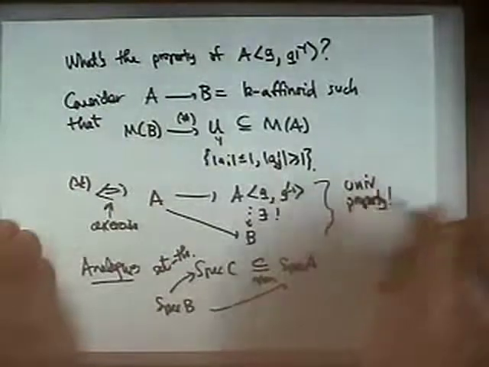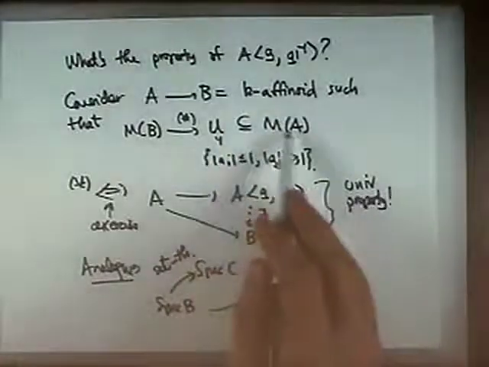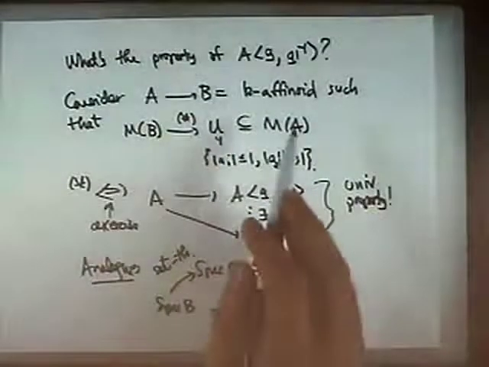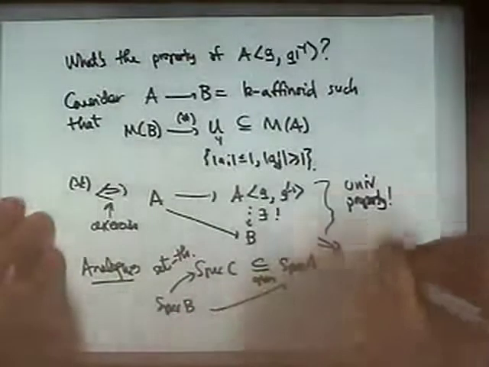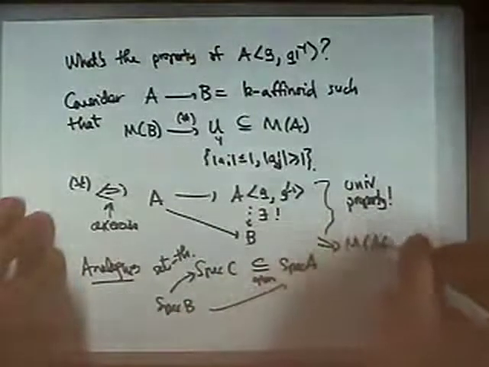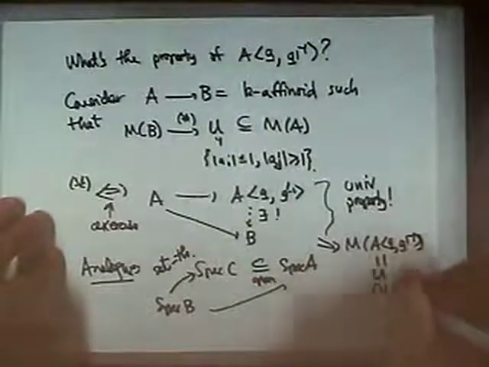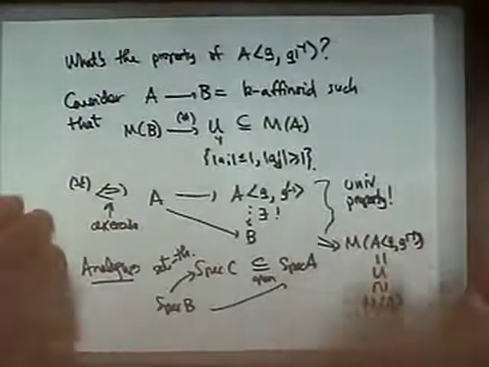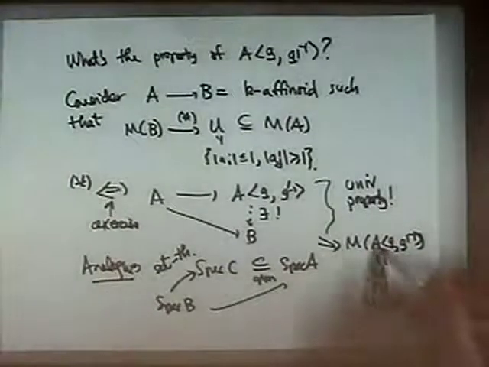Okay? In particular, taking B equal to this ring, we see a point in M of A is just a map to a finite extension field. So one consequence of this is that, in fact, M of this ring literally is U inside M of A. Because a point of this space is, up to Galois conjugacy, a map from this to a field.